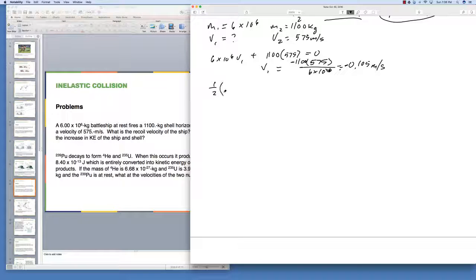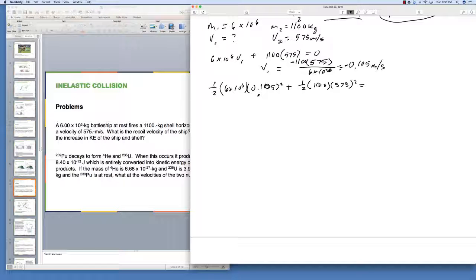After, you're going to have 1/2 times the mass, which is 6 times 10 to the 6th, times v squared, which is 0.1505 squared, plus 1/2 times 1100 times 575 squared.